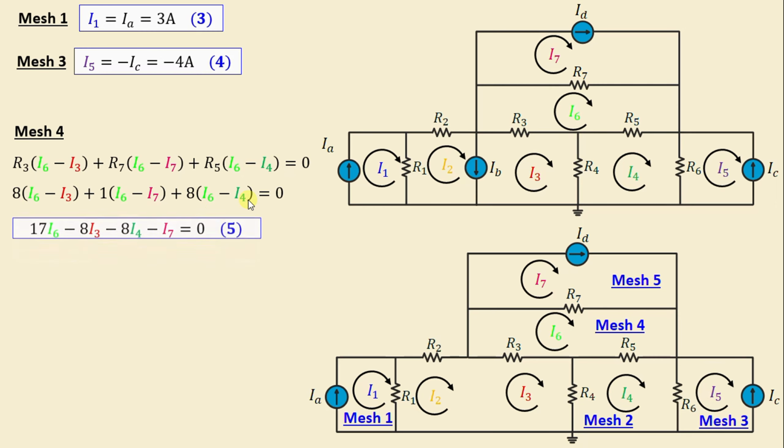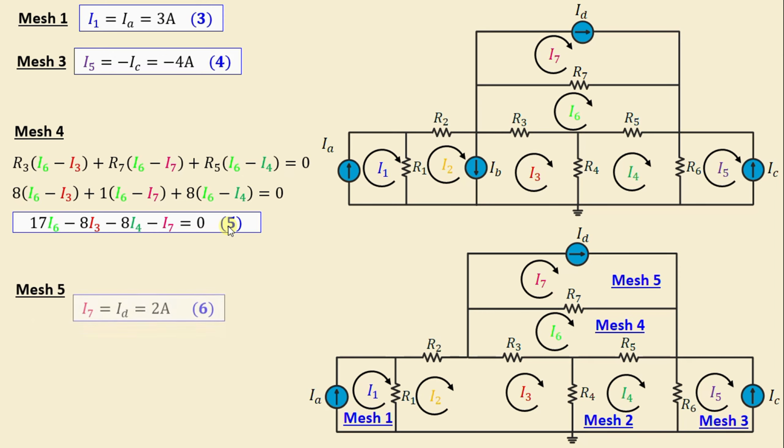If we continue simplifying this equation, we obtain 17I6 minus 8I3 minus 8I4 minus I7 is equal to 0. And I will call this equation number 5. Let's move on now to mesh 5. We can see here that I7 is equal to ID. That means I7 is equal to 2 amps. And I will call this equation number 6.